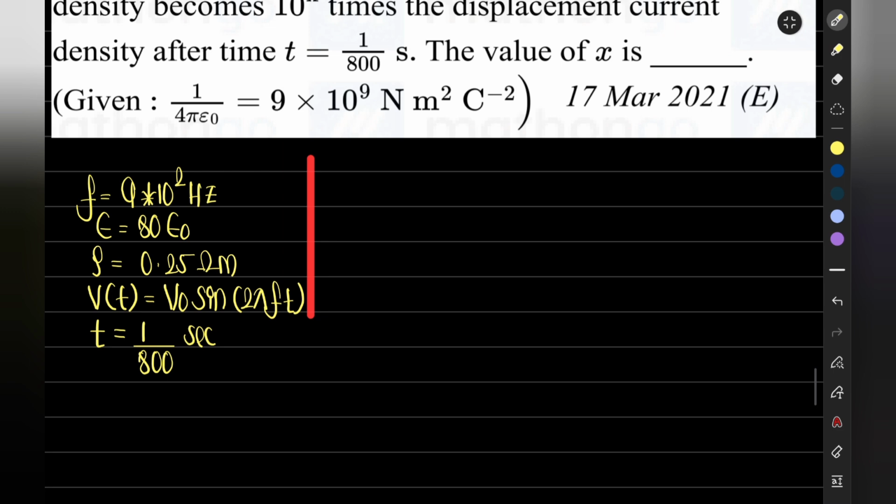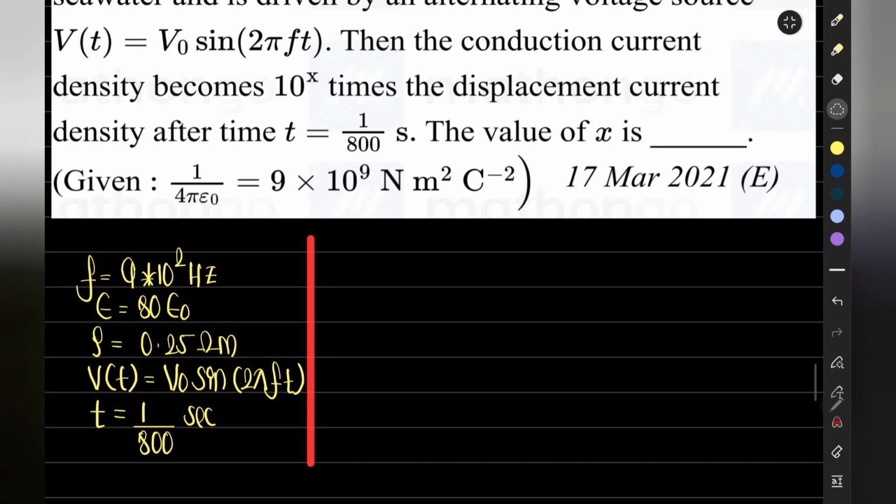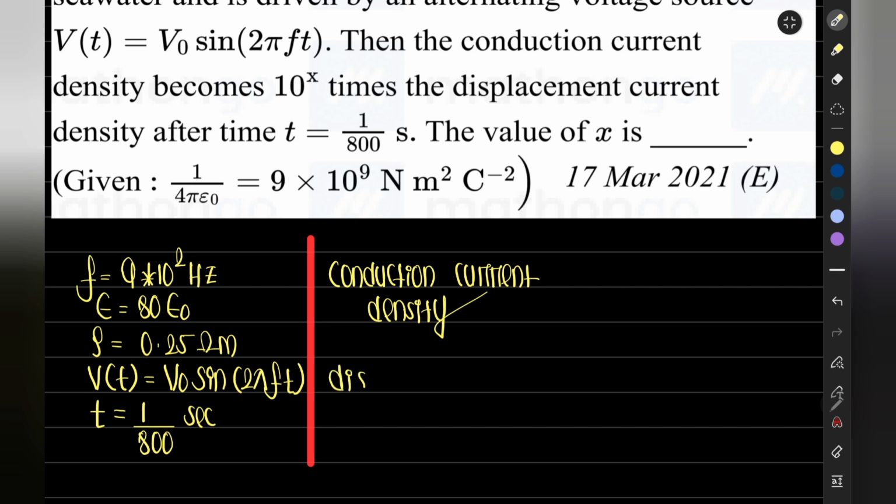Okay, now as I was saying, two things they have mentioned in this question. One is the conduction current density and the other is the displacement current density. So in short I will tell you what is meant by conduction current density along with the formula, and second, displacement current density.